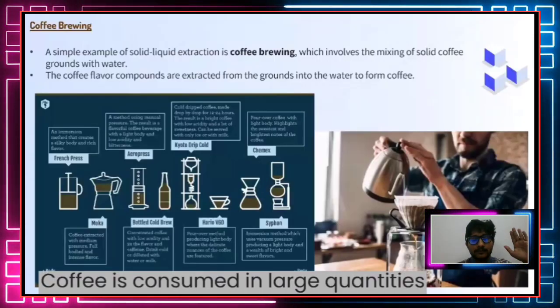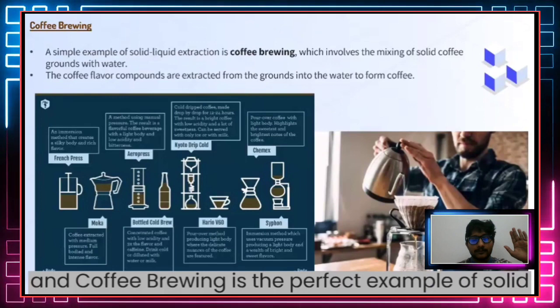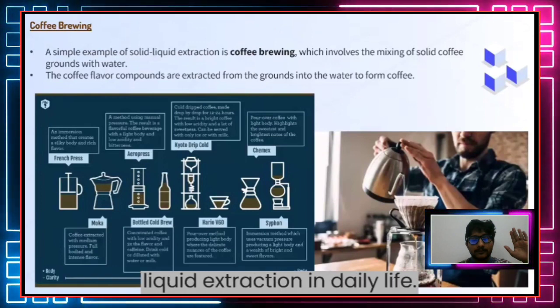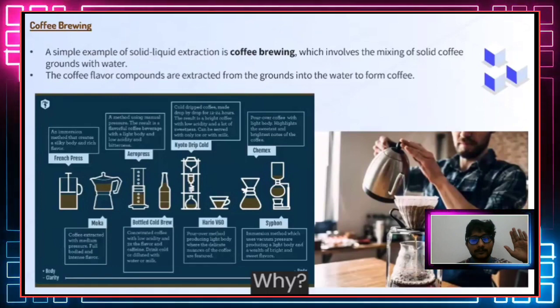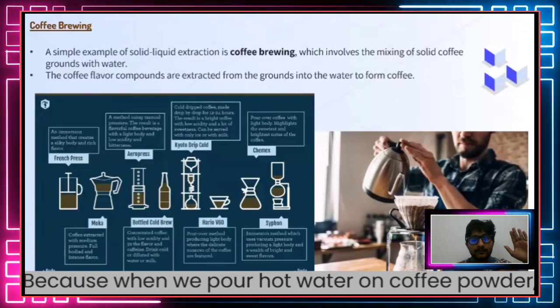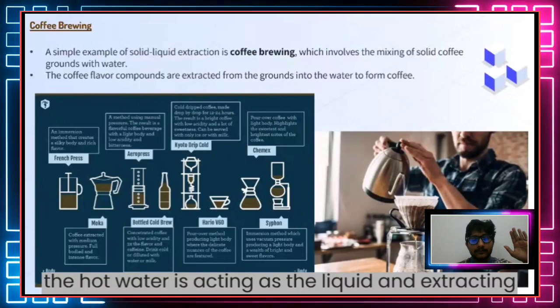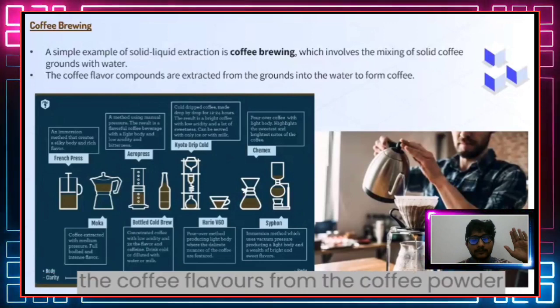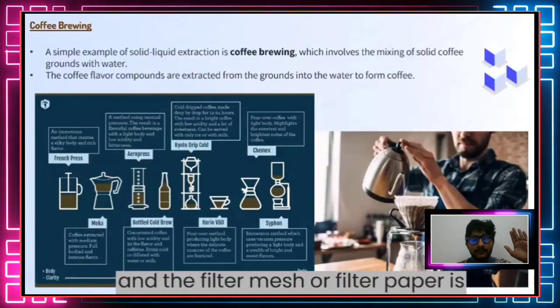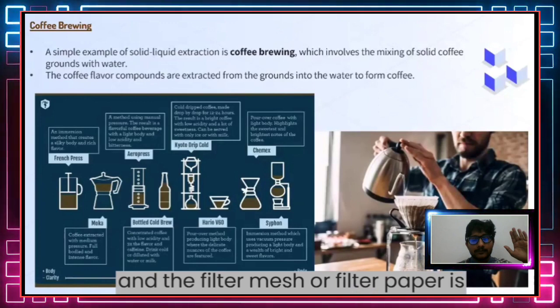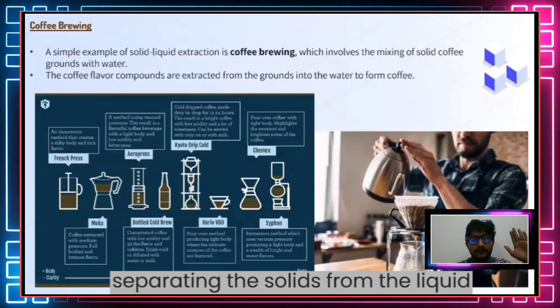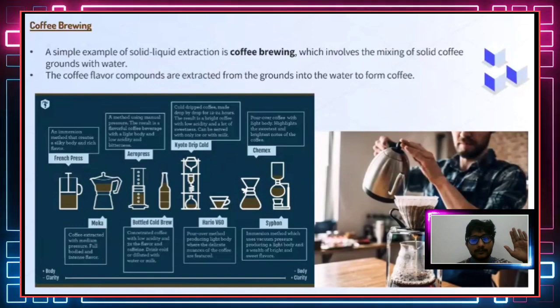Coffee is consumed in large quantities, and coffee brewing is the perfect example of solid liquid extraction in daily life. Why? Because when we pour hot water on the coffee powder, the hot water is acting as the liquid and extracting the coffee flavors from the coffee powder, and the filter mesh or filter paper is separating the solids from the liquid.